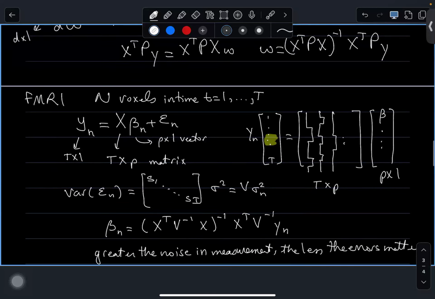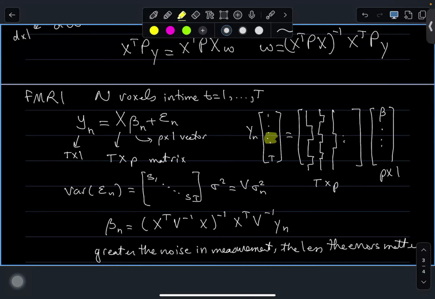So if you look at the equations here, look at this equation. That P now is represented with V minus 1. V is large when you have large noise, so you use the inverse of that to weigh the errors in your model. Does that make sense?